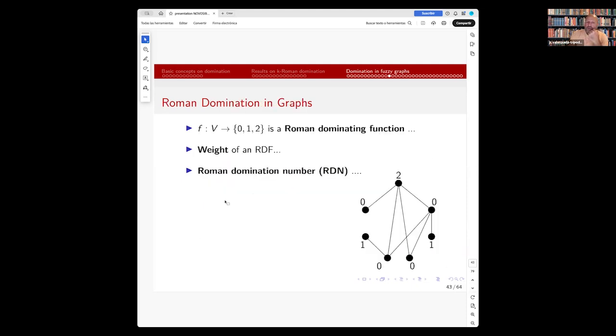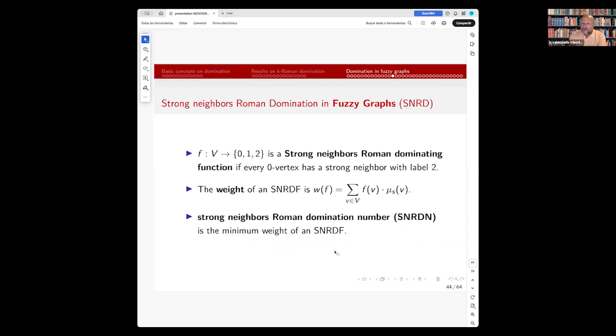Well, in classical graphs, we define the Roman domination function as we commented some minutes before, and the Roman domination number was the minimum weight of such a Roman dominating function. In this case, we introduced the concept of a strong neighbor Roman dominating function in a similar way, by assigning labels 0, 1, and 2 to the vertices, such that every 0 vertex has a strong neighbor with label 2.